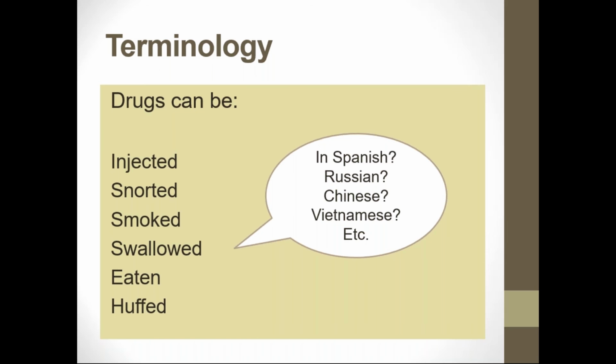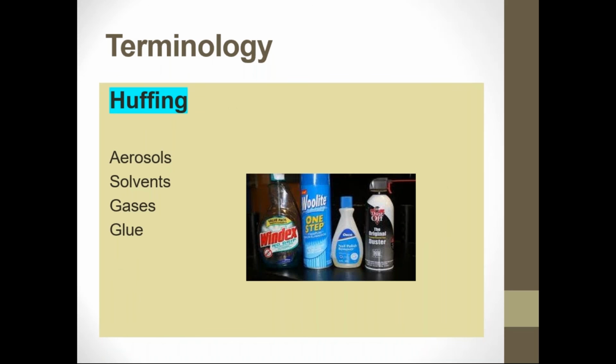You probably understand most of this in the list. Snorted means when people take the substance through their nostrils, through their nose. And huffing means when people use different substances like aerosols, solvents, paint, gases, glue, those sprays to clean the computer screen.